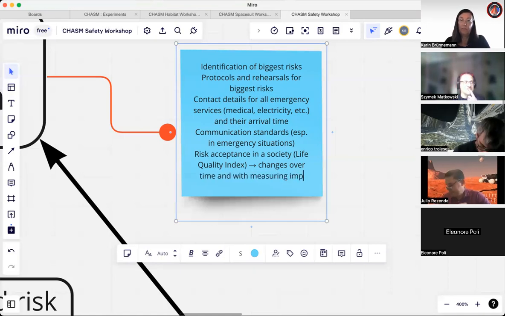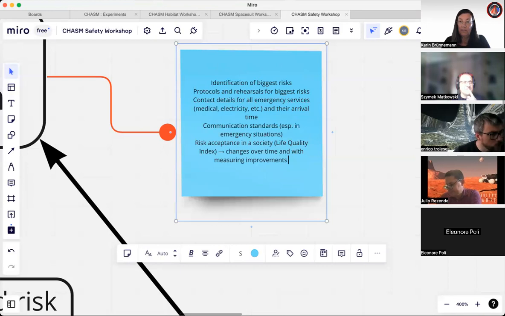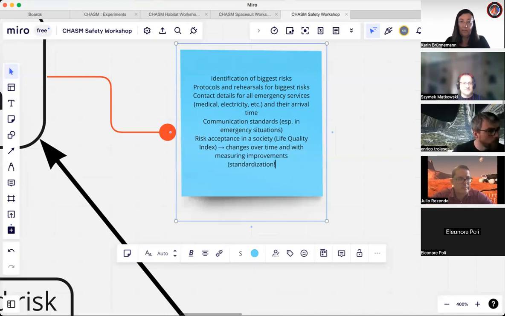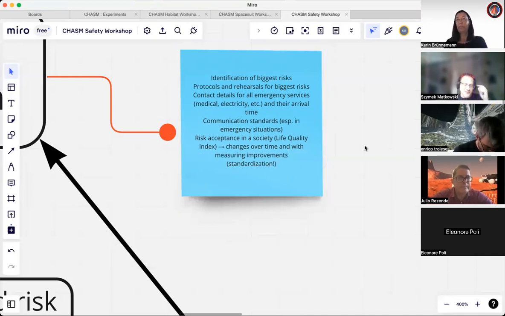I'm not quite sure if I'm clear. I think so. So if something happens and we take measures so that it won't happen again, then the risk is more accepted.